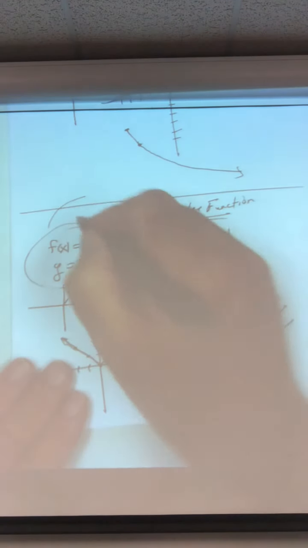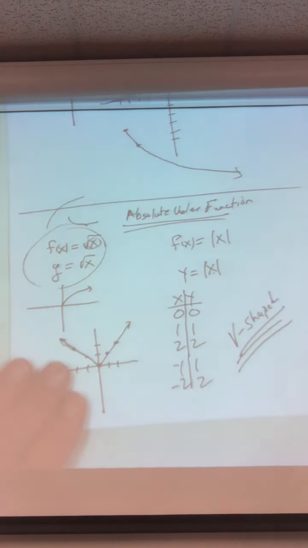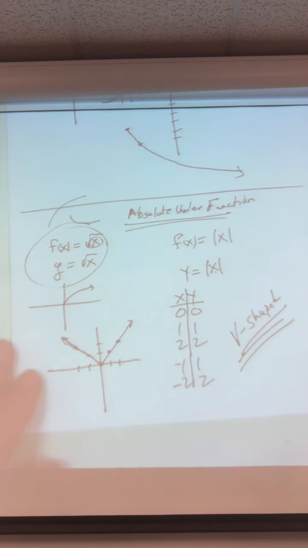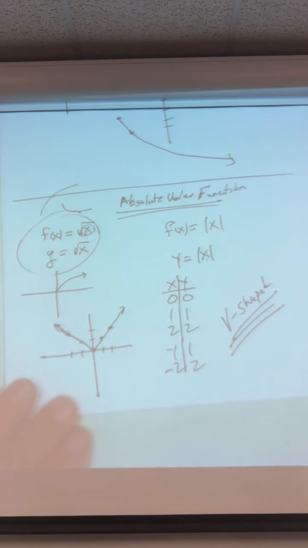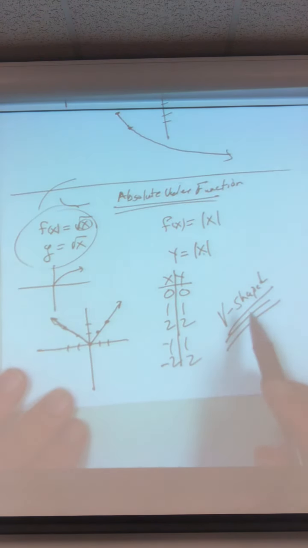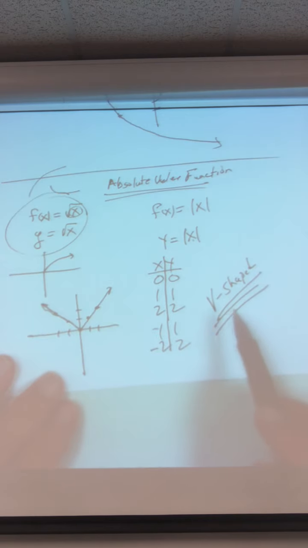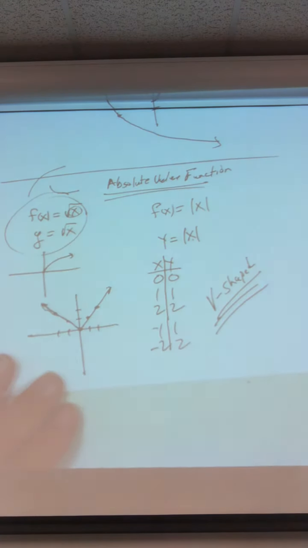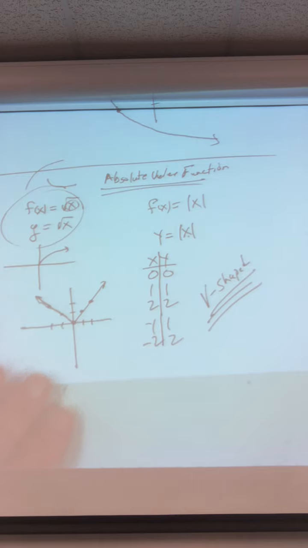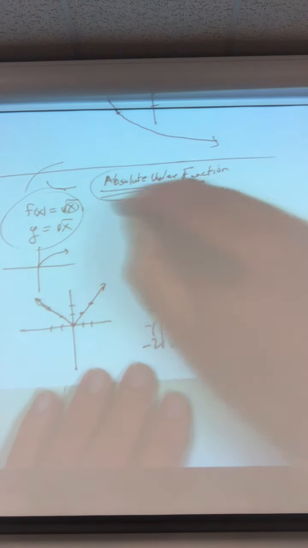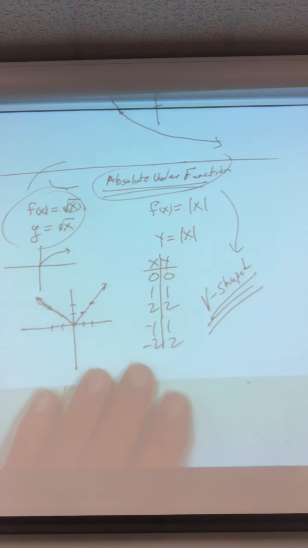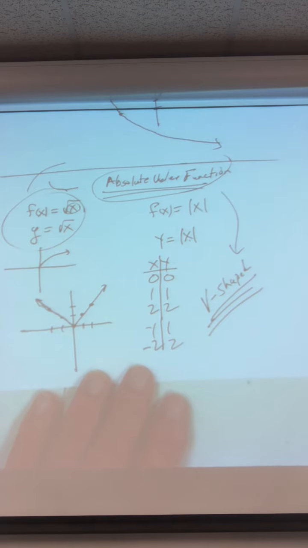It's either the upper half or the lower half of that. And by the way, that passes the vertical line test. It's a function. So the graph of an absolute value function, you need to remember, is V-shaped.